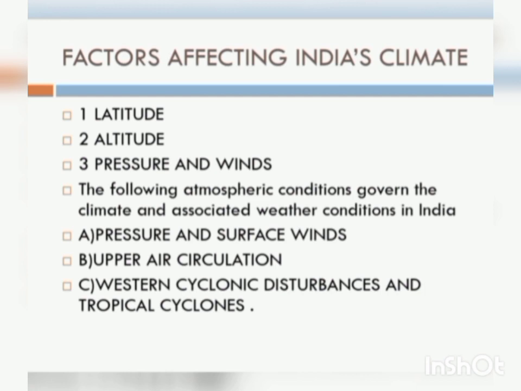The Tropic of Cancer, that is 23 degrees 30 minutes north, divides the country into the tropical zone south of this line and the subtropical zone north of this line. The line runs from the Rann of Kutch in the west to Mizoram in the east. So, India's climate has characteristics of tropical as well as subtropical climates.